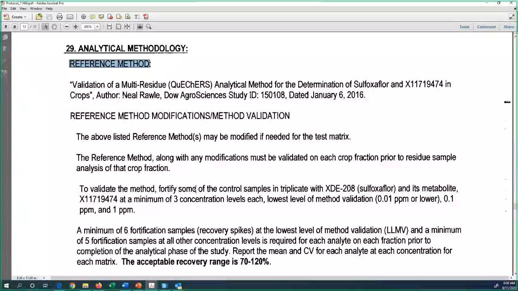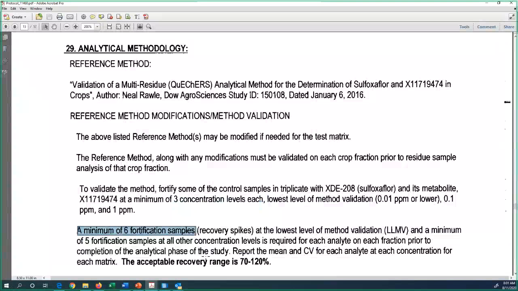So it says the method validation. Method validation says, okay, this is LLMV. Remember, we talked about that, LLMV. Now, because this method validation, that will be at least 3 here now. Then we will keep doing that. And we say minimum 6 LLMV here. Remember, we just asked the question, how many?